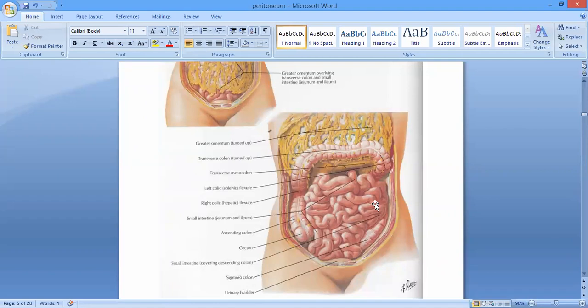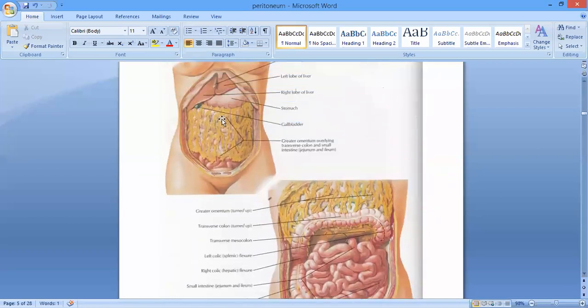And number 4, the attachment of the greater omentum is going to divide this abdomen into 2 compartments. Because it comes from the stomach and attaches here to the transverse colon, the organs present above the transverse colon are called the supracolic compartment, and those below it are the infracolic compartment.